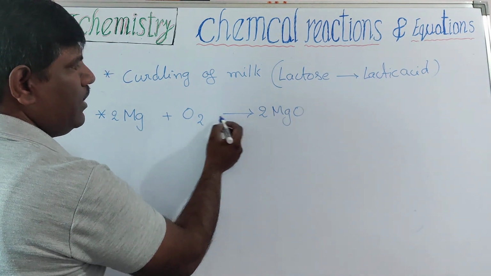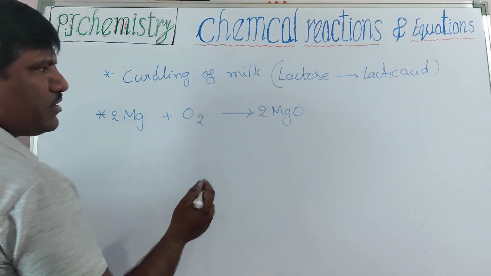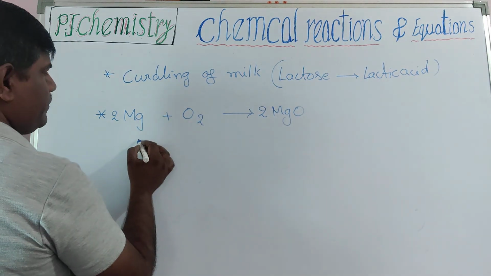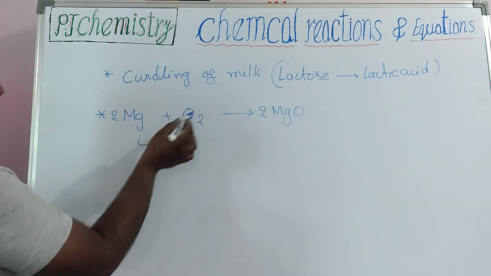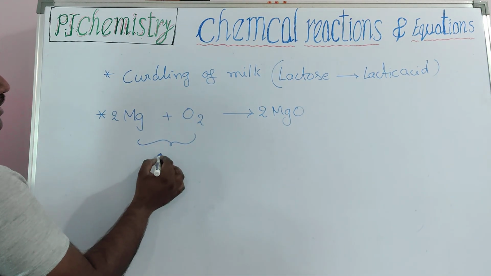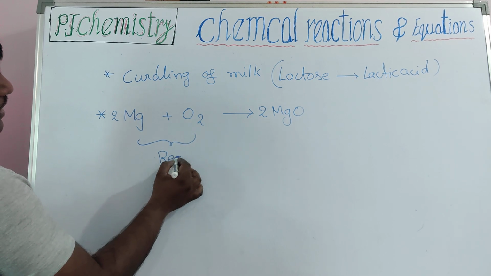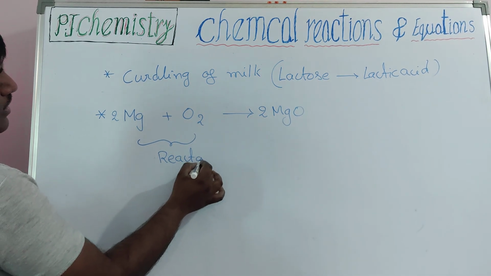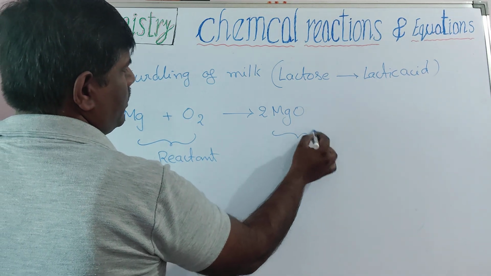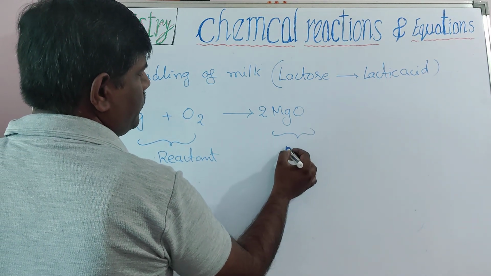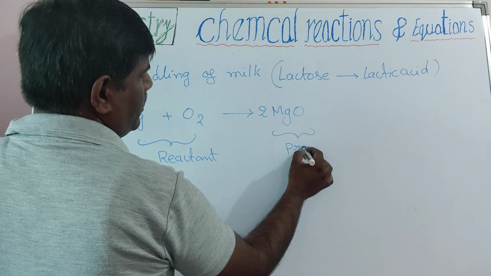Here only one arrow symbol is given, which is gives rise to, so it is a forward reaction. The reactants in this equation are magnesium and oxygen. The product is MgO.